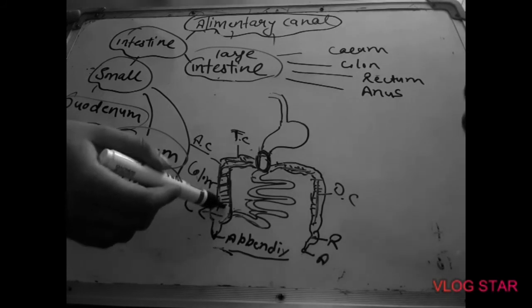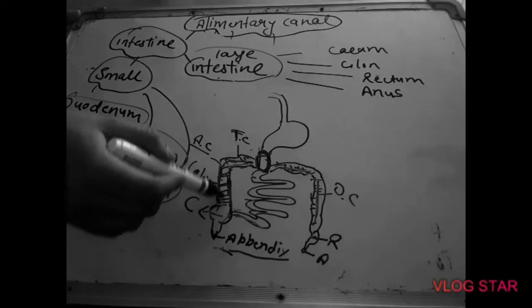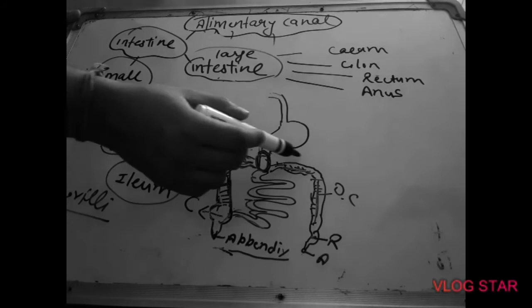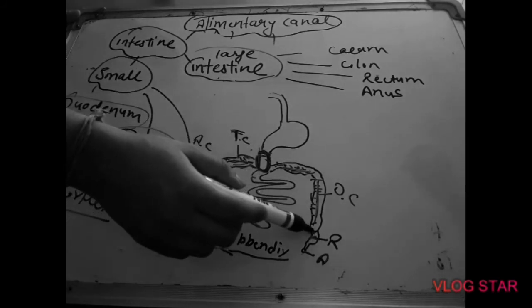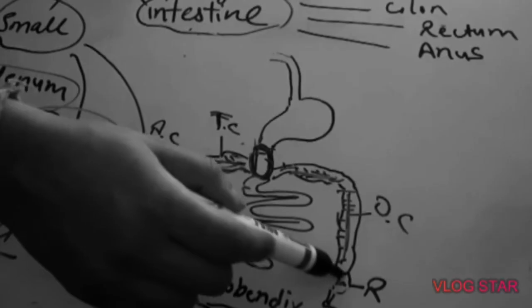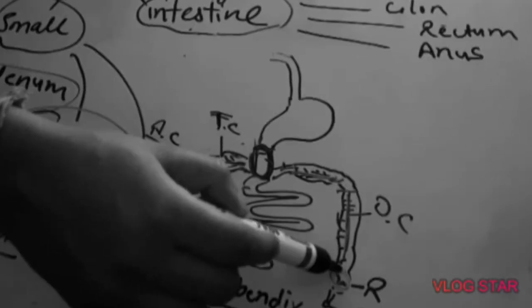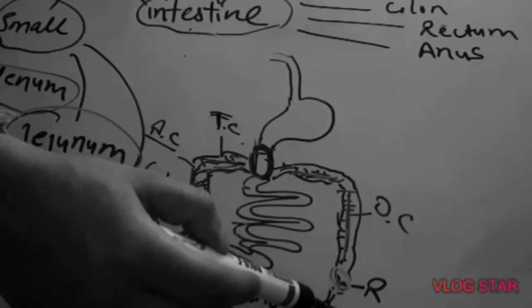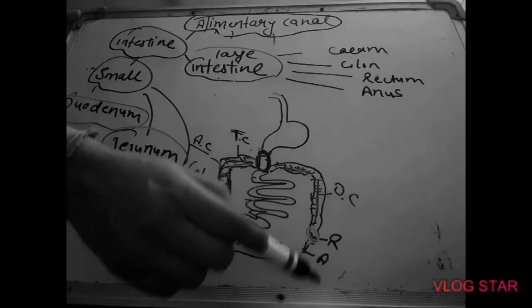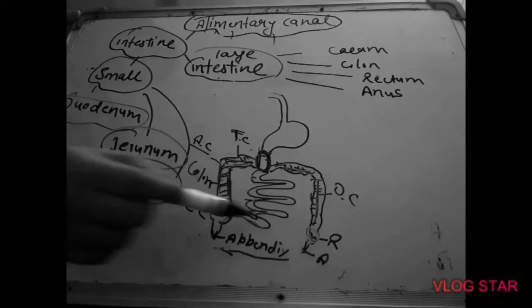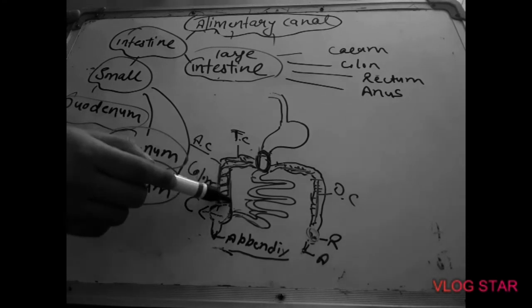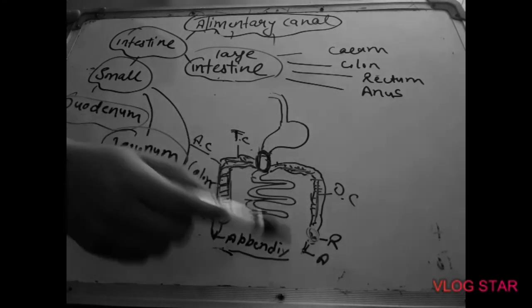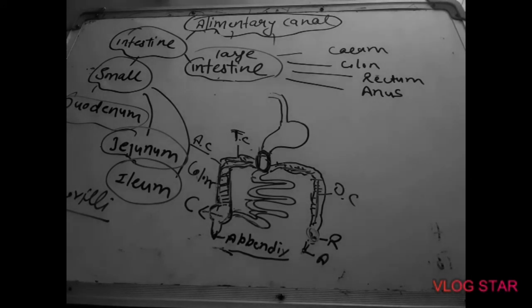Then through peristalsis, it transfers the food from the ascending to the transverse colon to the descending colon. And then it goes to the rectum, the area where we can store undigested food material, that is feces, for some time. And the anus is the part from which we excrete the waste out of our body. So the function of the large intestine is to absorb water and to pass the solid feces out of the body.